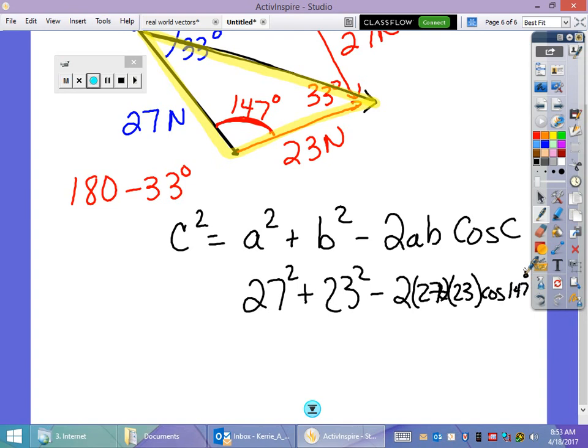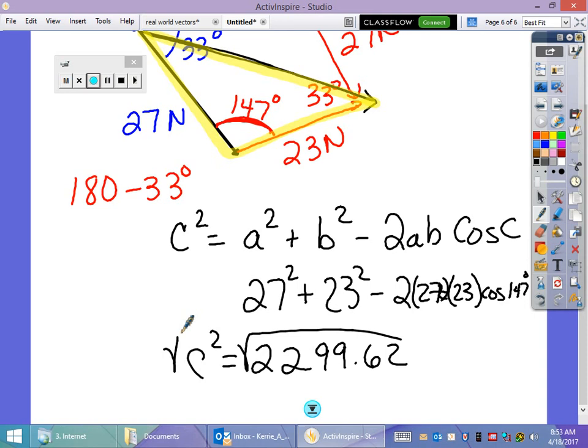Type this in your calculator and then square root it, and what do you get? This ends up being, I think it was 2,249.62, if I remember correctly. Let me check. 2299.62.